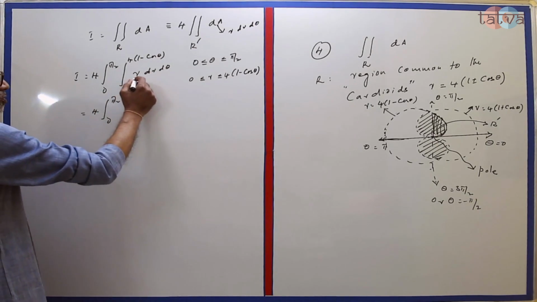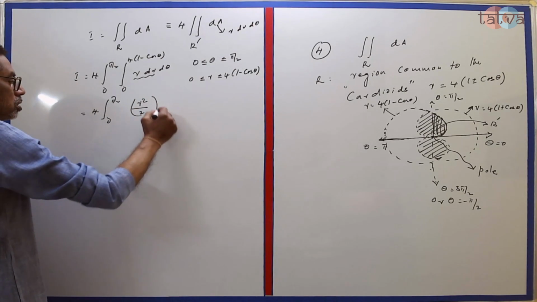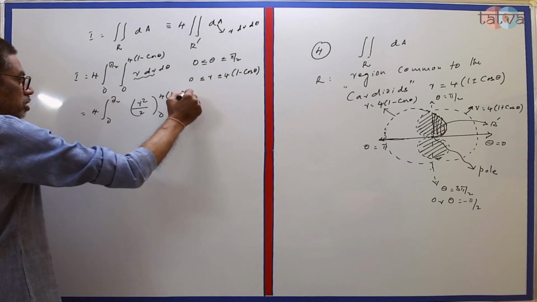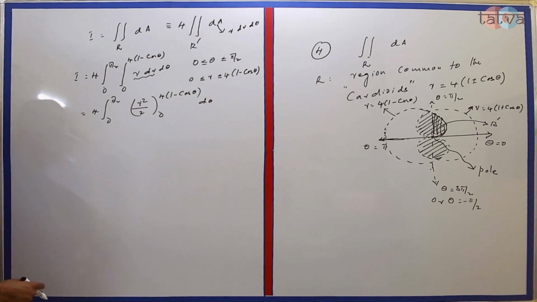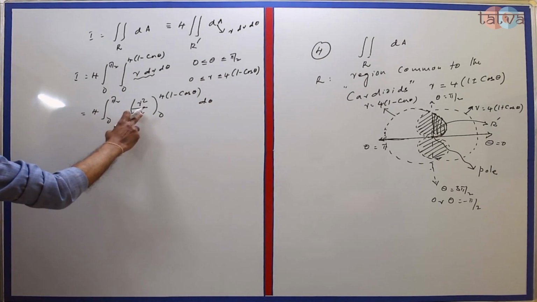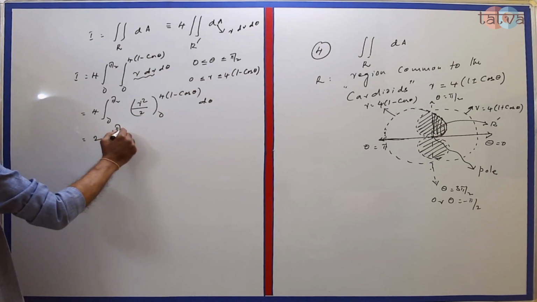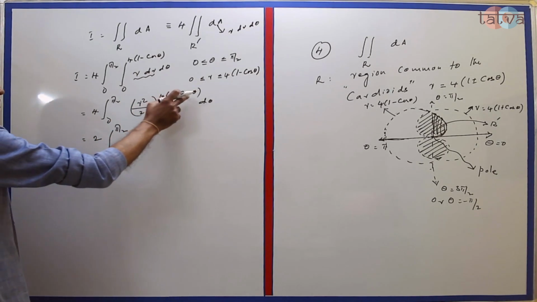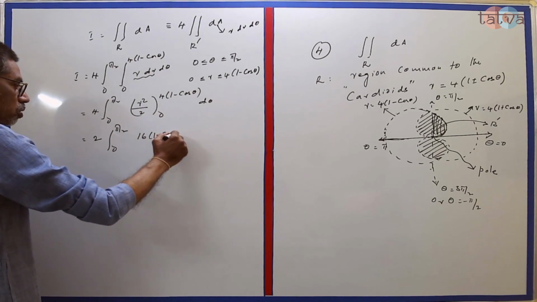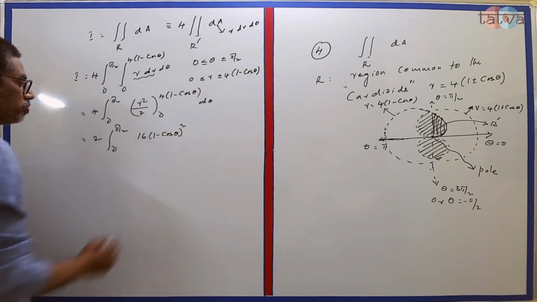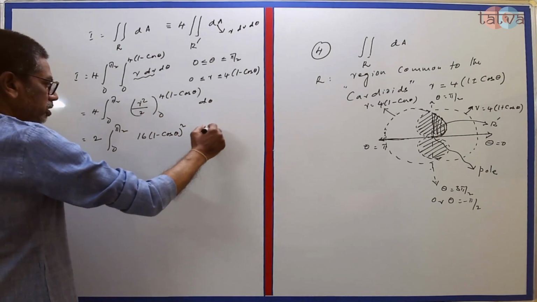The integration of this part would be r square by 2, 0 to 4 times 1 minus cos theta, d theta. So this would cancel 2 times. Replace r with 4 into 1 minus cos theta. I'll get 16 times 1 minus cos theta whole square minus 0, which I need not write.